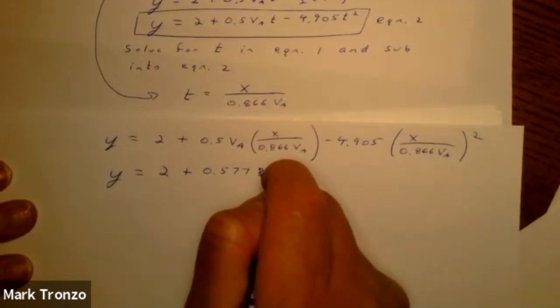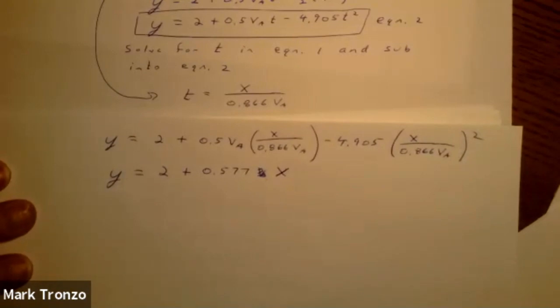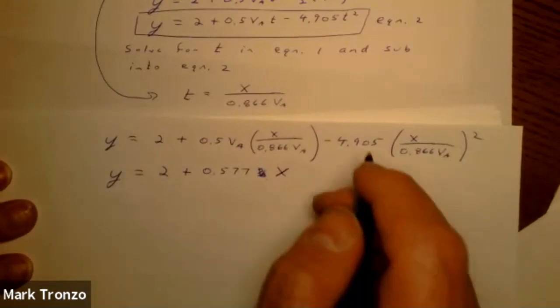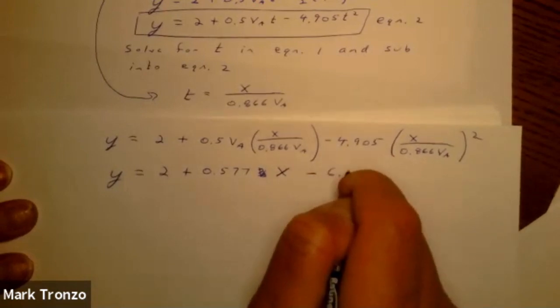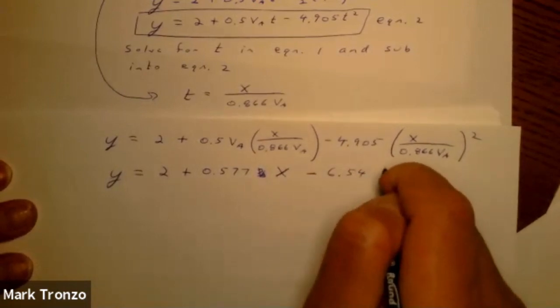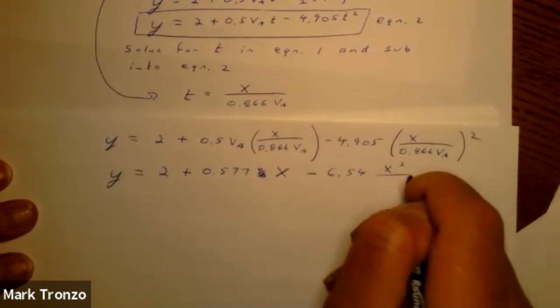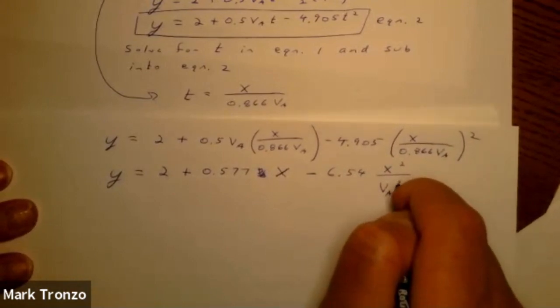So that's just going to be X. And then over on the right, when you square this and divide this up, this gives you 6.54 X squared over VA squared, like this.